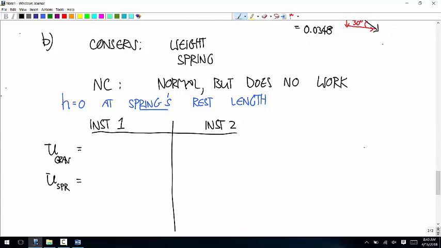So the gravitational potential energy is negative 9.81 times 0.0348.